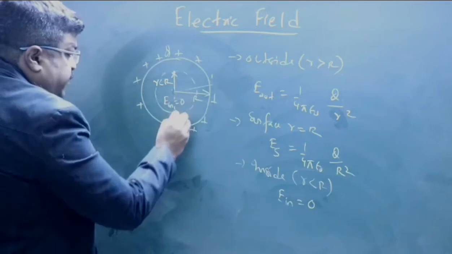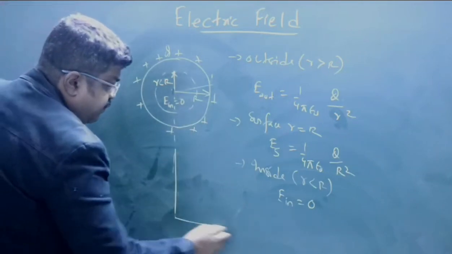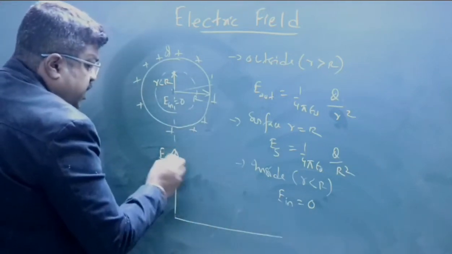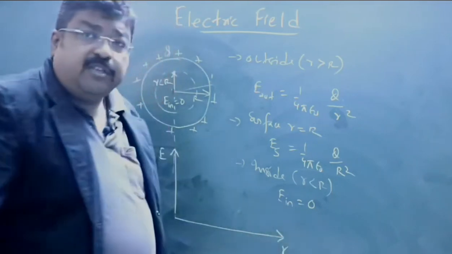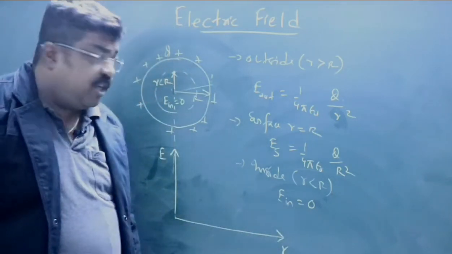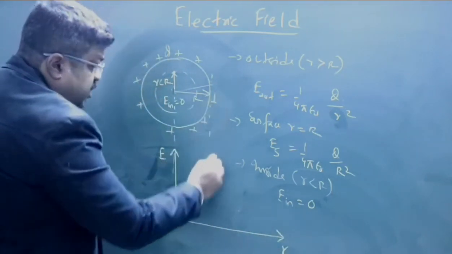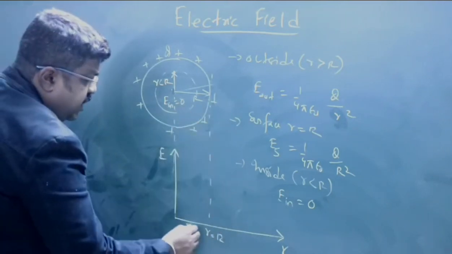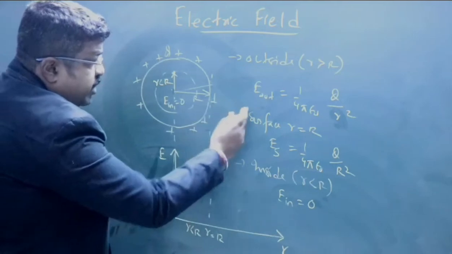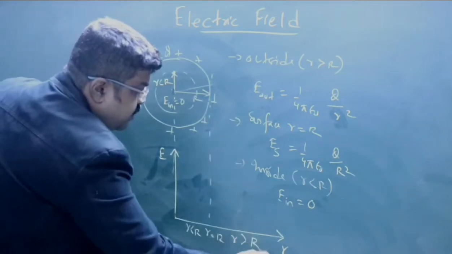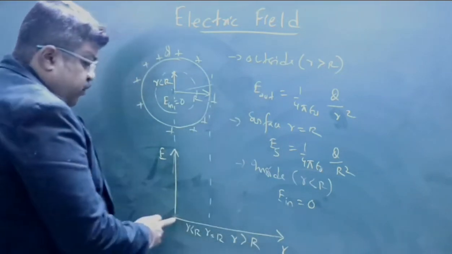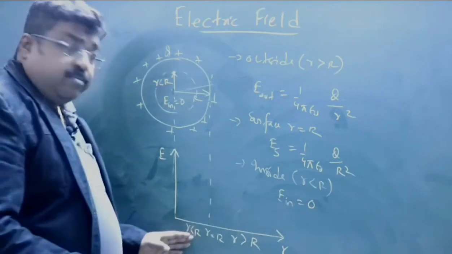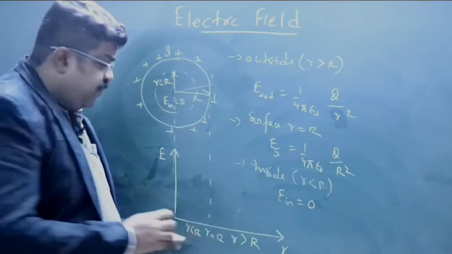So if we draw a graph, suppose this is electric field and this is distance from center of the spherical shell, then this is the surface, so this is r equal to R. If you are inside the surface, that means r less than R. If you are outside the surface, that means it is r greater than R. So from center to just inside the surface, electric field intensity is 0.